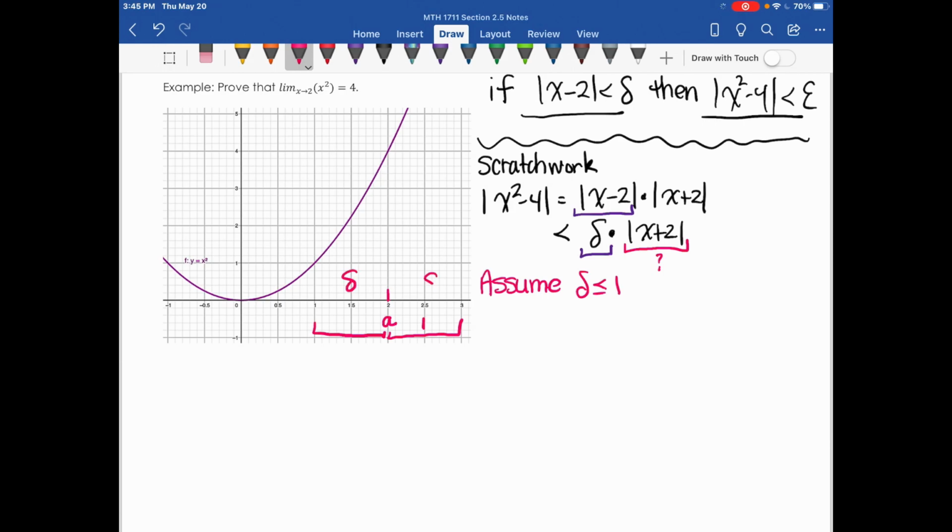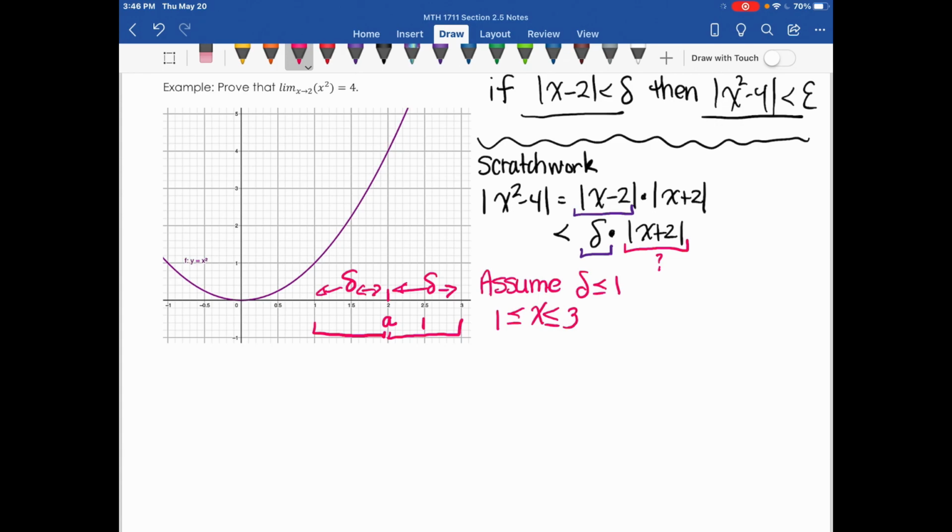And I know if this is delta and this is delta from here to here, at most, I'm going to get an x value of 3, and the smallest value I would have is 1, because I'm going to fall on this interval.